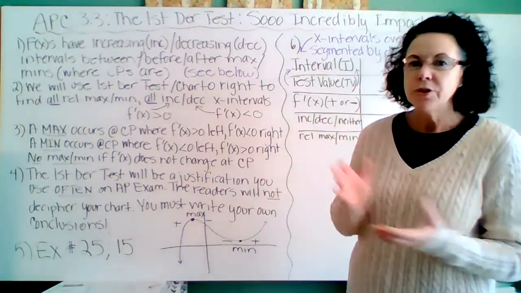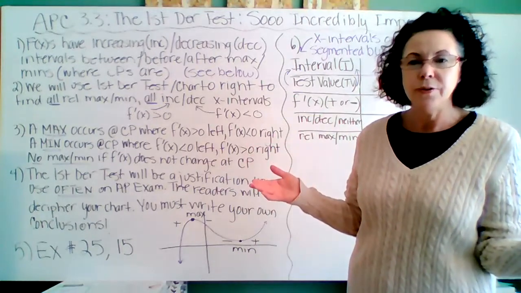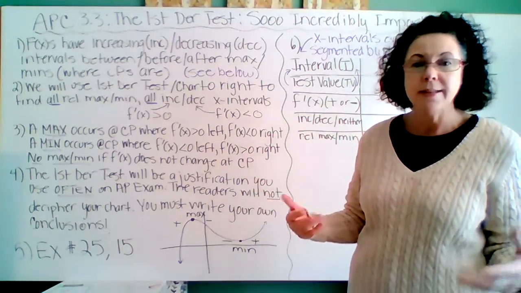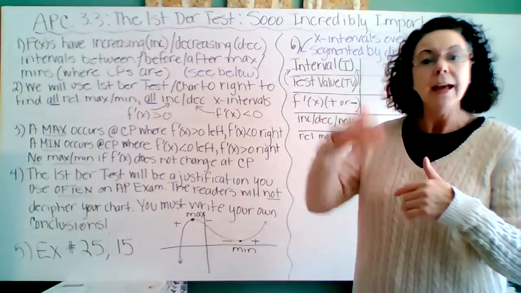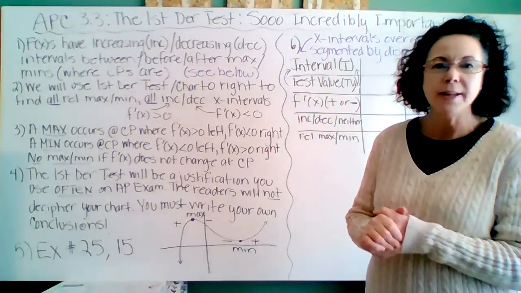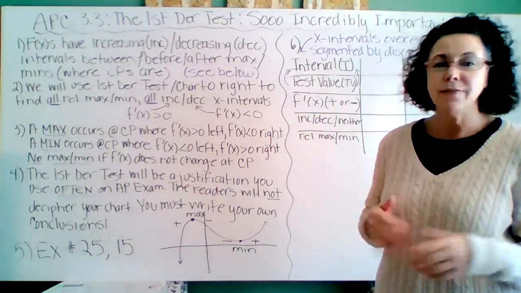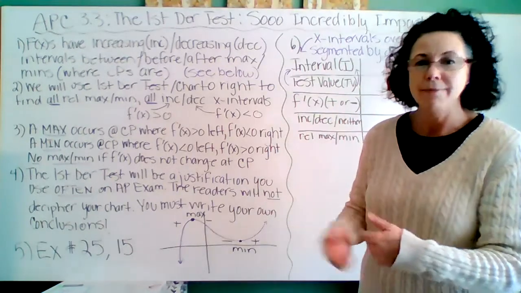For instance, just a cubic function on its domain from negative infinity to infinity, can you find the max and mins? And can you find where the function is increasing and decreasing before and after those maximum and minimum points? So we're using calculus to find all the important characteristics of a function on its domain.